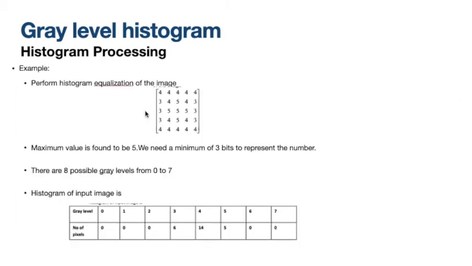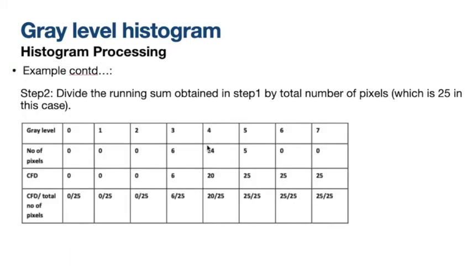If you see this image, the total number of pixels is 25. So each cumulative frequency value should be divided by 25. So 0 by 25, 0 by 25, 0 by 25, 6 by 25, 20 by 25, 25 by 25, 25 by 25 and 25 by 25.